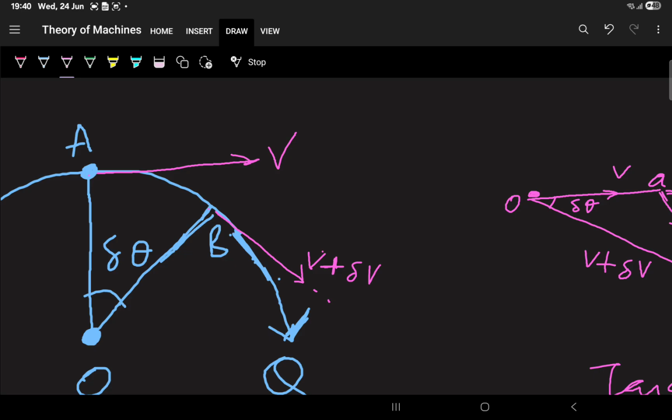It's just like how in linear motion, when your body starts at rest and it accelerates, the velocity v2 will be greater than v1. So at point B, the velocity here is greater than that at point E.